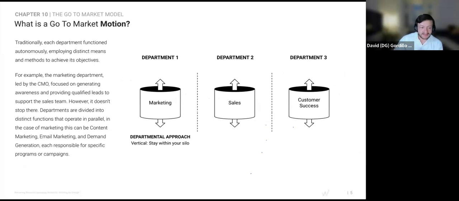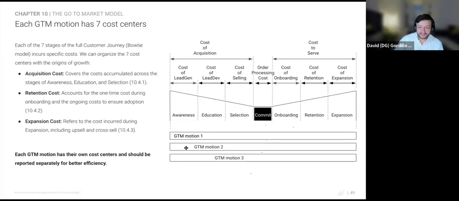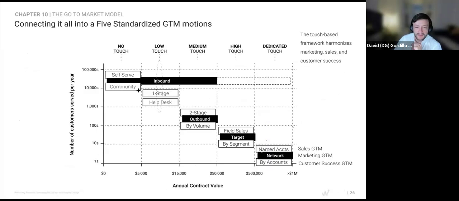The shift in this case is, if we have go-to-market motions, marketing should have a budget per go-to-market motion, meaning that if you have 3 go-to-market motions in this case, marketing is going to have, let's say, a certain amount of budget to generate pipeline or leads for no touch, then another budget for low touch, and another budget for medium touch. Having that budget and then seeing how many leads they are generating in each category, you can assign that cost.